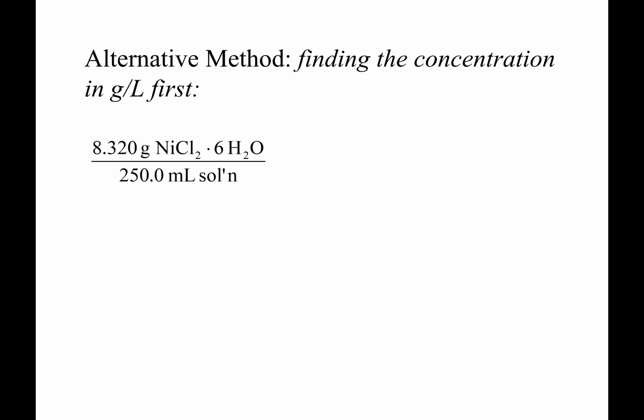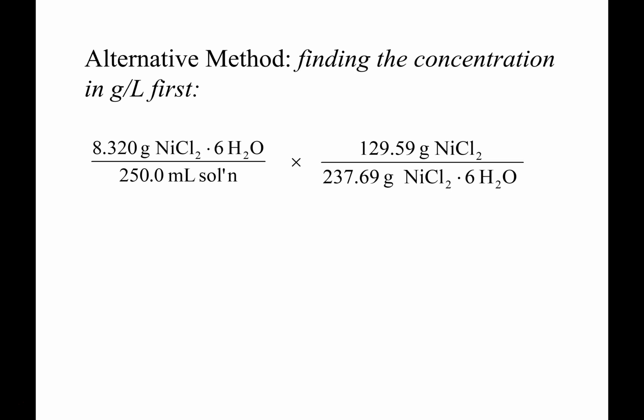Well then, here's an alternate way to do it. Going for the grams per liter first. So this is what I kind of started to say before. If we just go ahead and take this 8.320 grams NiCl2.6H2O divided by 250.0 milliliters of solution. And then somehow we have to get from that mass of the hydrated salt to just that mass of the salt, the anhydrous salt.